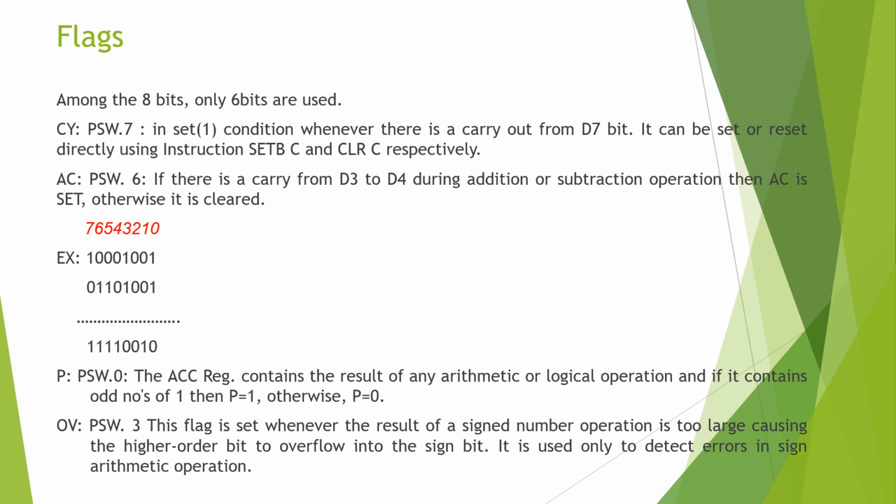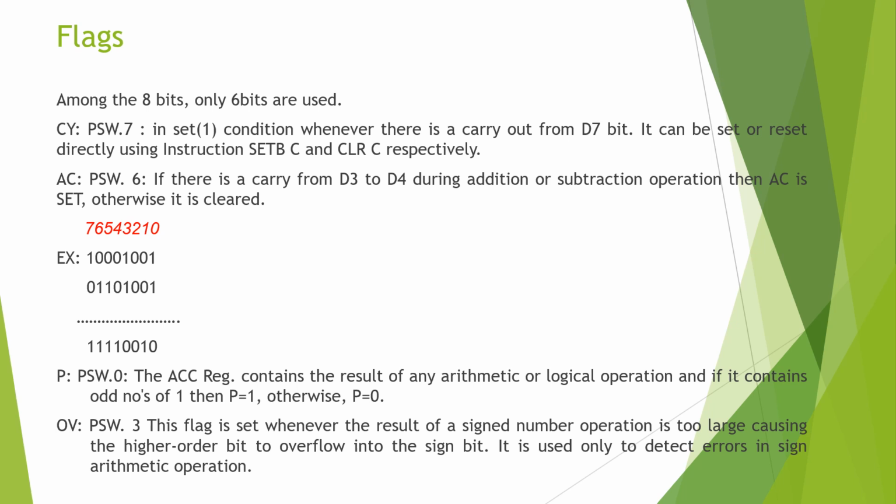And when we add the D3 bit, in that case there is 1 and 1, so when we add this to 1, there is a 0 and a carry is generated, and it will transfer to the D4 bit.